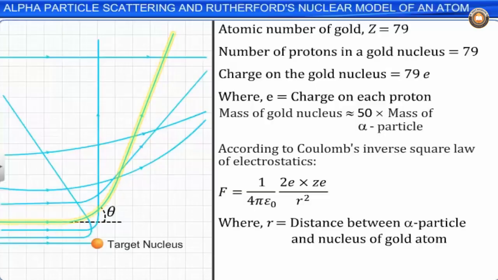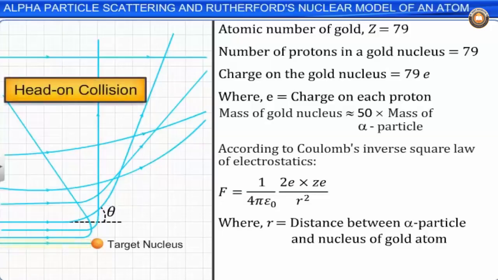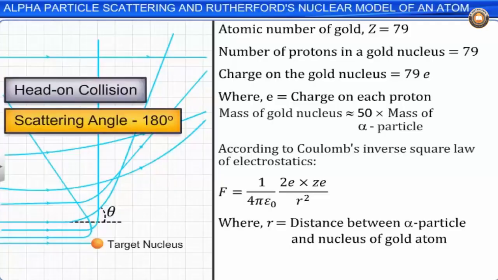If the alpha particles are directed in the same line as of the gold nucleus, then they undergo a head-on collision, in which case the impact parameter is the least and hence the scattering angle is approximately 180 degrees. Therefore, such alpha particles bounce back.